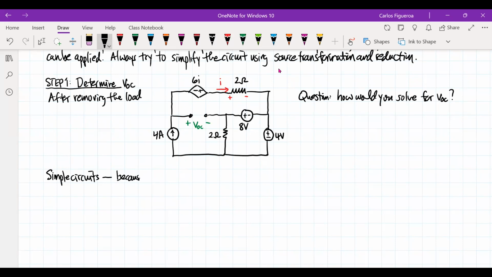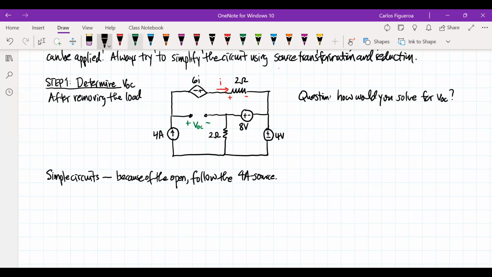Because of the open, follow the 4 amp source. If I follow the 4 amp source, look what happens to the current.